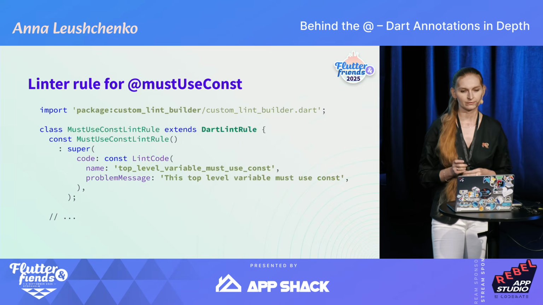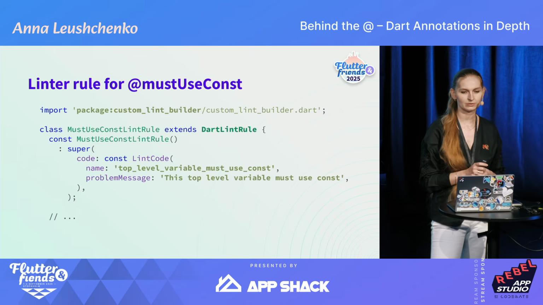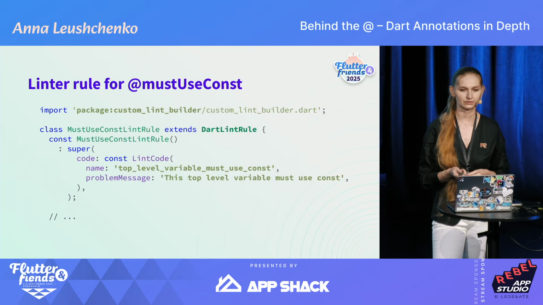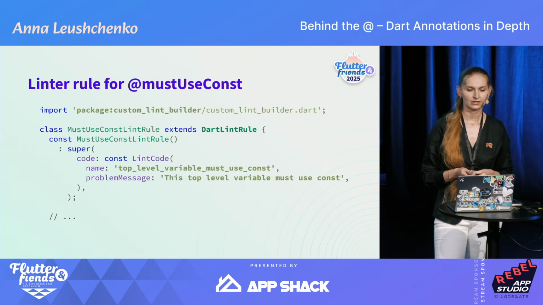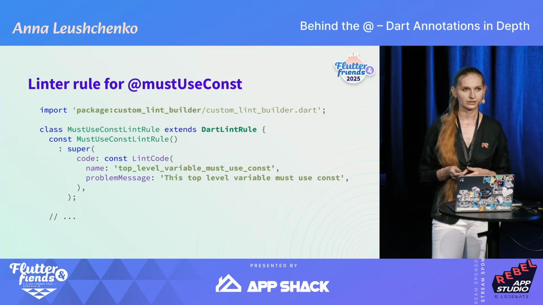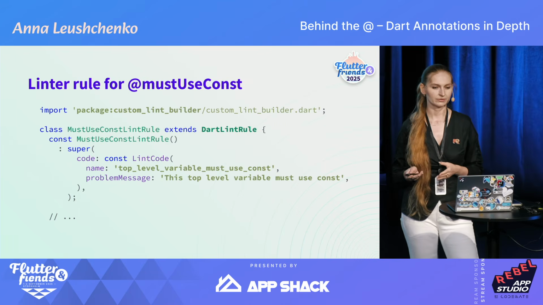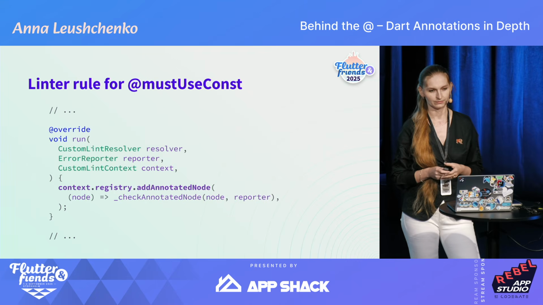Here I prepared a very simplified, maybe not the most efficient example of how such a rule could be implemented with the custom lint package, just to give you an idea. Here we declare a child of DartLintRule and describe a warning it will issue: this top-level variable must use const.